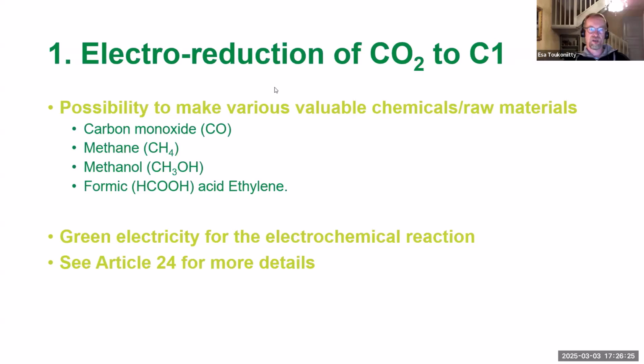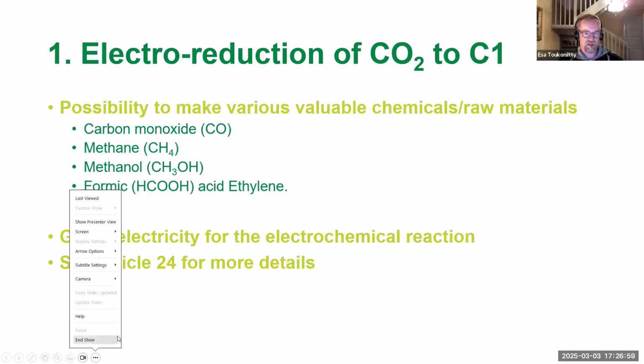Electro reduction is kind of the opposite of oxidation, so it goes back to a more reduced state. Examples are carbon monoxide, methane, methanol, formic acid. These are more reduced than carbon dioxide. And in article 24, there are more details regarding this.